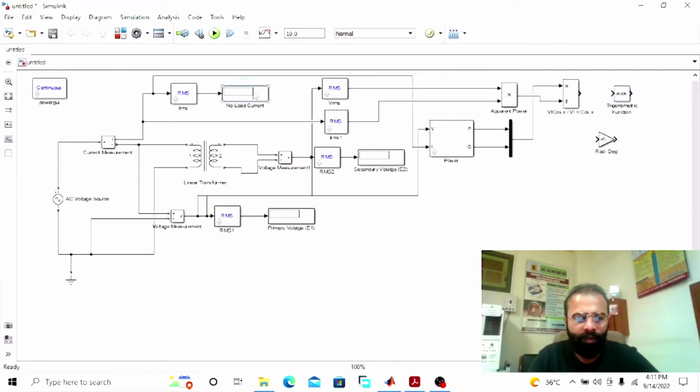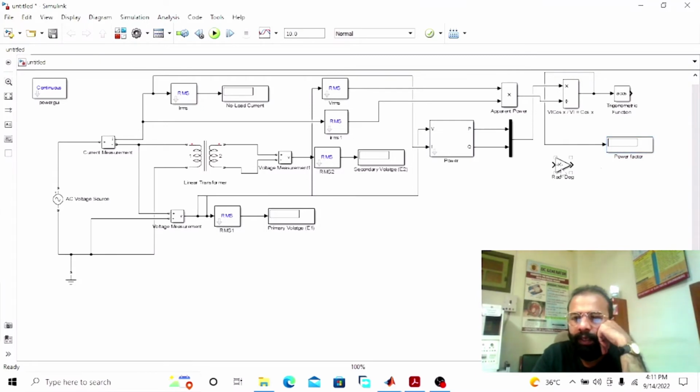We need another display. Here this output from this divider block, which is the ratio of the active power over apparent power, will give us the power factor. This block will give us the value of the power factor, which is the no load power factor.